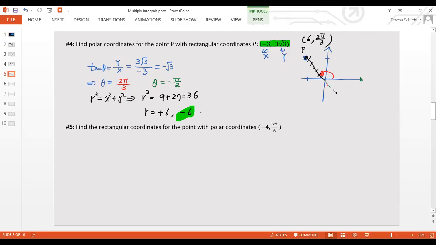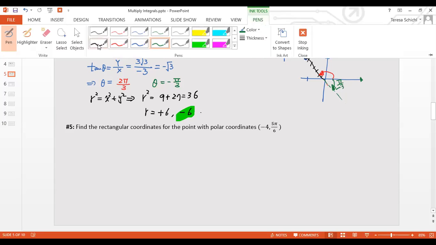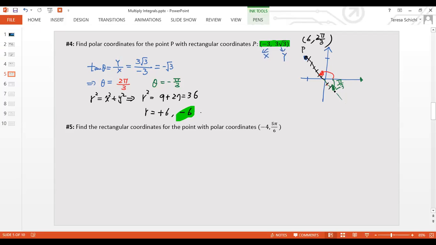You swing this direction, it's negative, pi over 3. And then in here you have 1, 2, 3, 4, 5, 6, so this will be the point. What is this point? This is 6, negative pi over 3. But if you want to use negative 6, what you can do here, you can switch this one back.